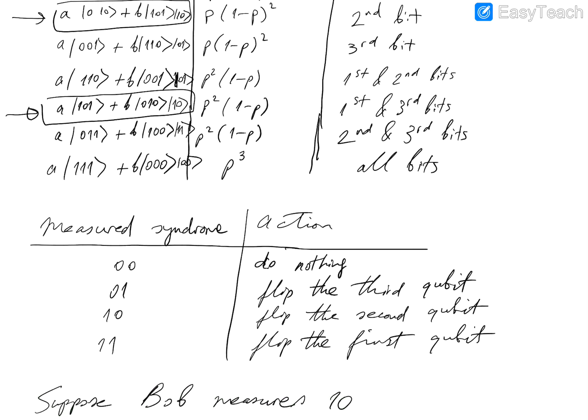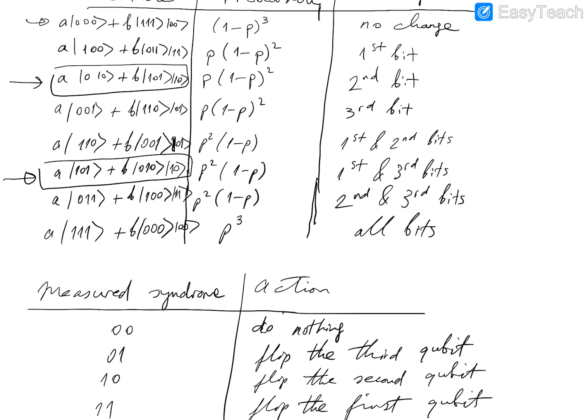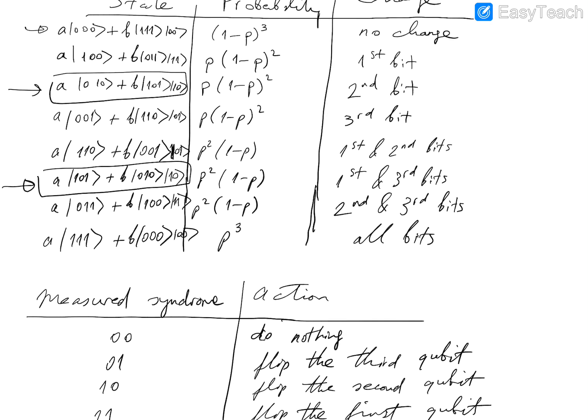Okay, but which one is more likely, we can ask? Well, certainly this one is more likely to happen. It's more likely that only one qubit gets corrupted rather than 2 qubits get corrupted, right?